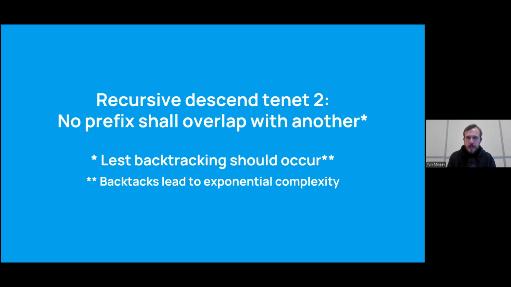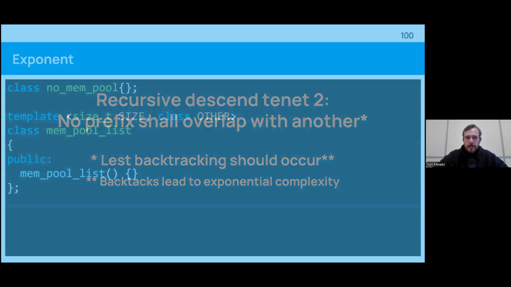And a nice thing about recursive descent is it is guaranteed to work in linear time. It has linear time complexity, but here we are breaking that guarantee effectively with backtrack. Okay, how can it bite us? Let's see.